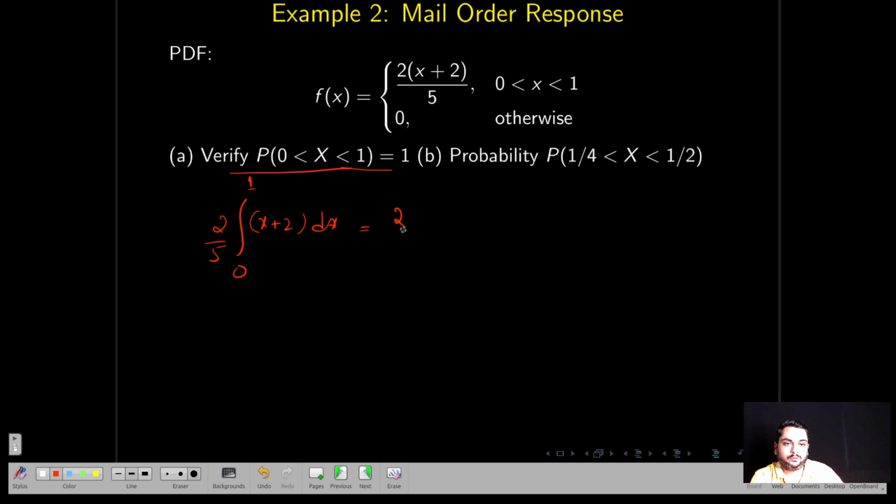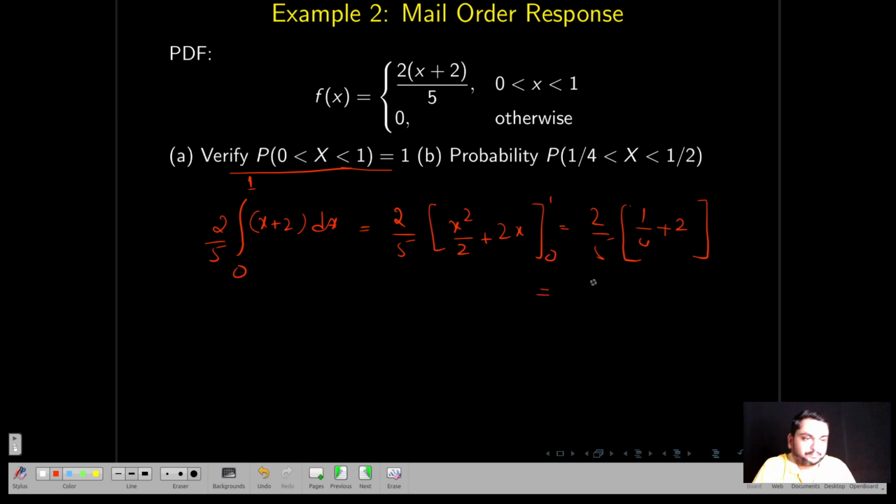So this will be equal to 2 by 5 times x square by 2 plus 2x in the interval 0 to 1. So this will be 2 by 5 times 1 by 4 plus 2 minus 0. Okay. So you will get 1. Check whether I made any mistake, but you will get 1.